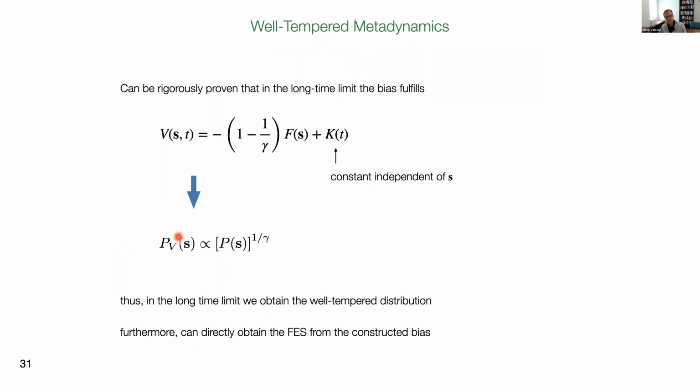And we can also see through this equation here that, as we have the bias potential from the simulation, we can directly obtain the free energy surface from the constructed bias potential, as shown here.